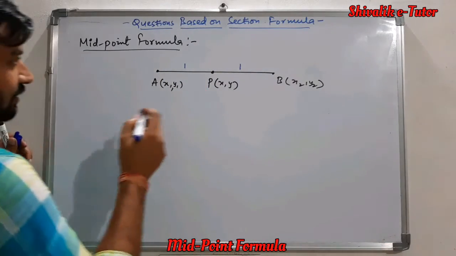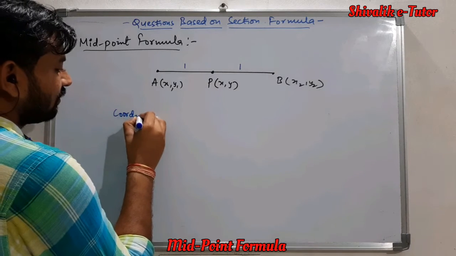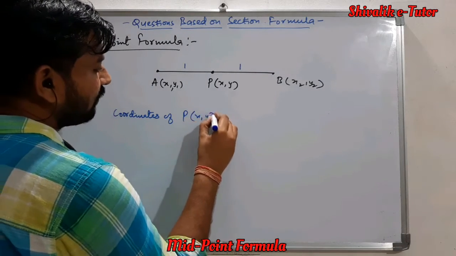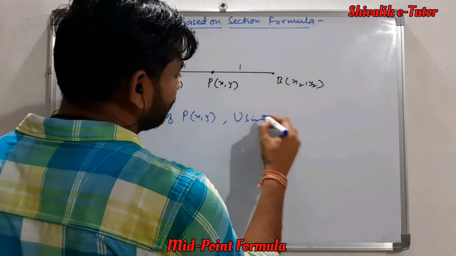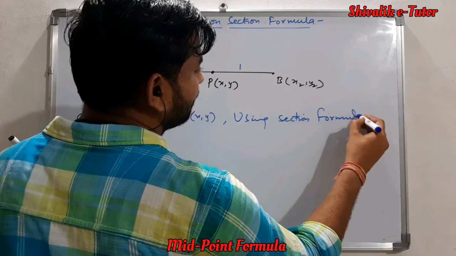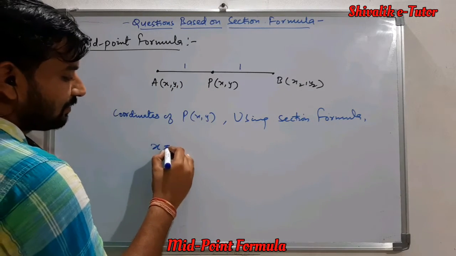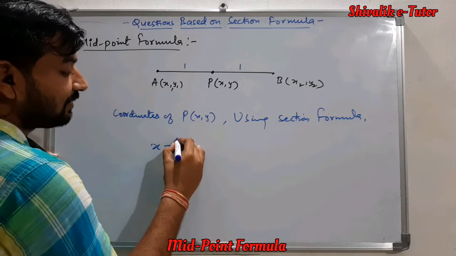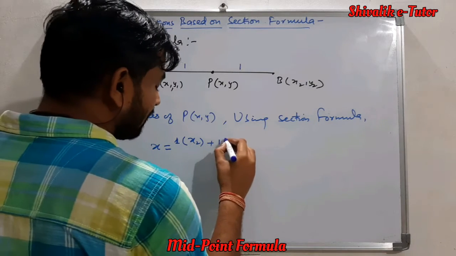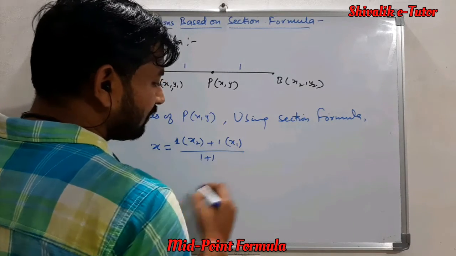So by using the section formula here, we can find the coordinates of P (x, y). As the ratio here is 1 comma 1, we can write x is equal to m1 into x2 plus m2 into x1 upon 1 plus 1.